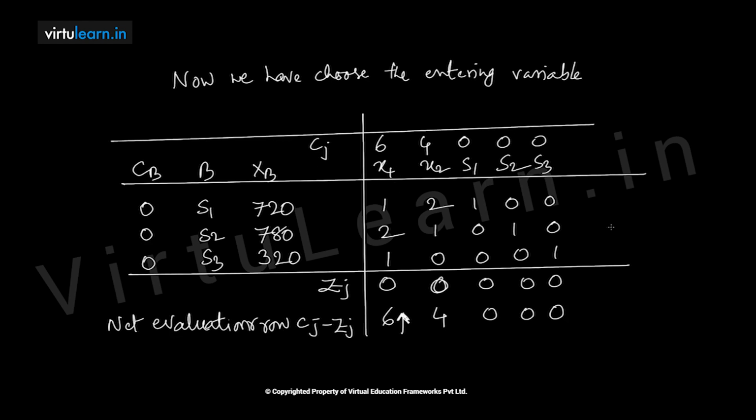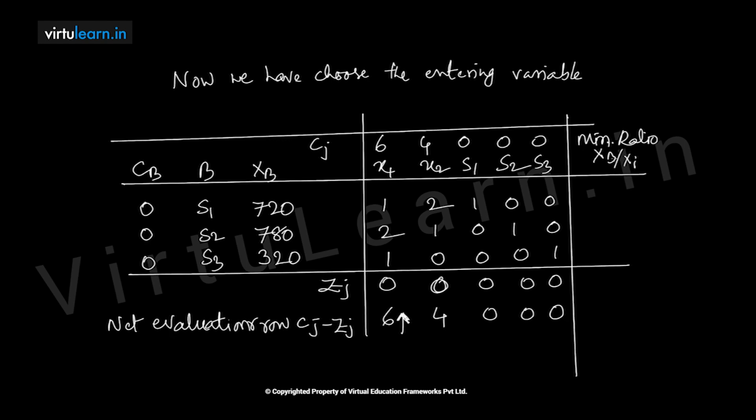In order to find the pivot row, we'll calculate something known as the minimum ratio, which is given by xb divided by xi.